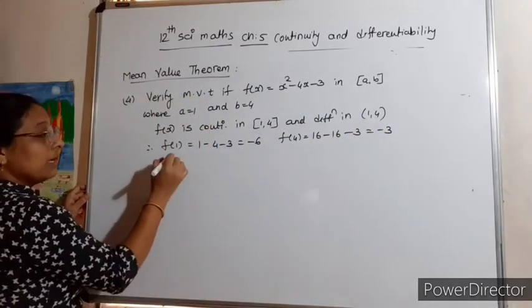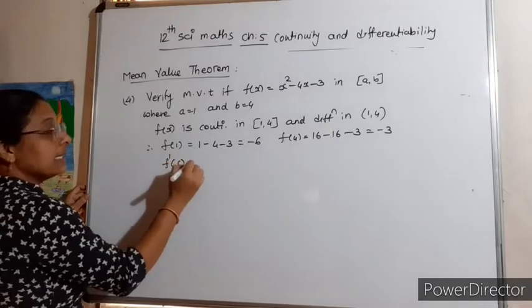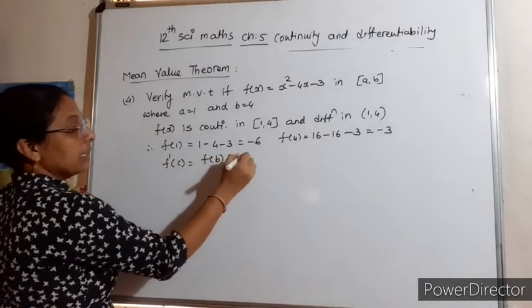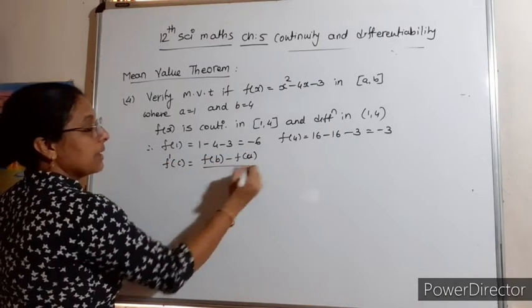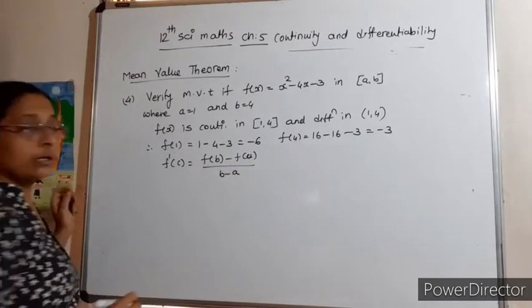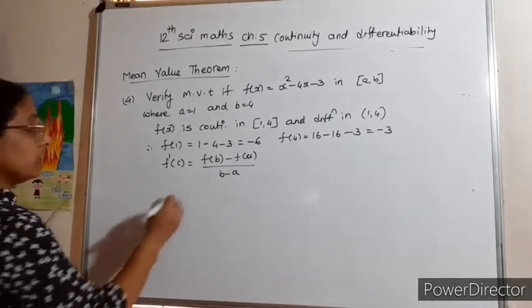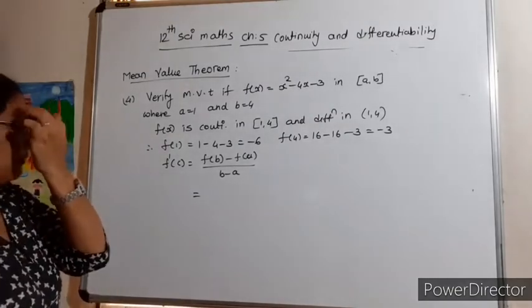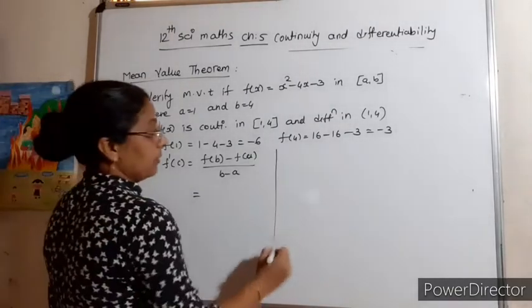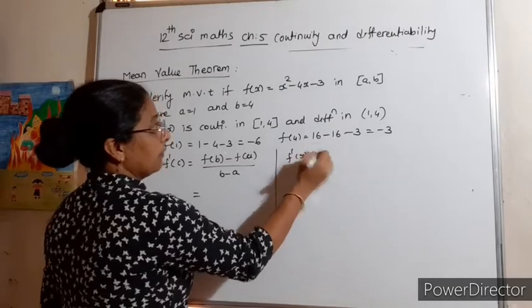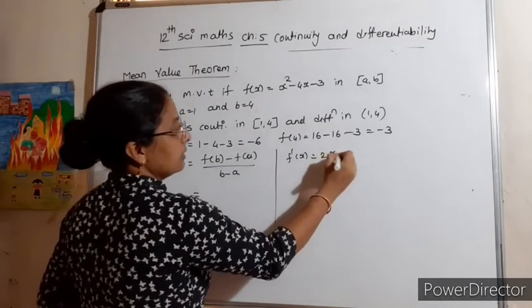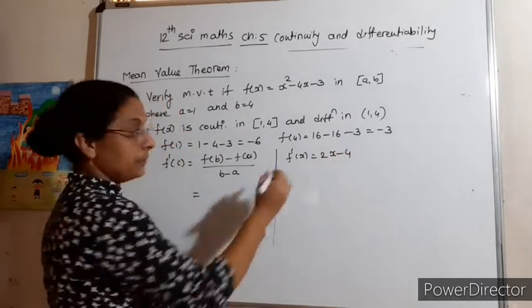Now by mean value theorem, f dash C is equal to, the formula is f of B minus f of A upon B minus A. This is our formula. Now what is equal to f dash x? पहले तो हम f dash x फाइंड करेंगे. What is f dash x? 2x minus 4.